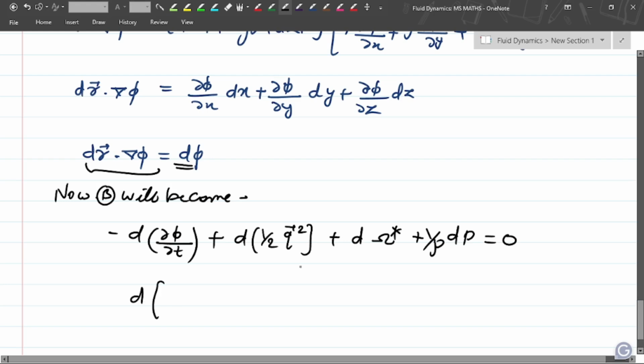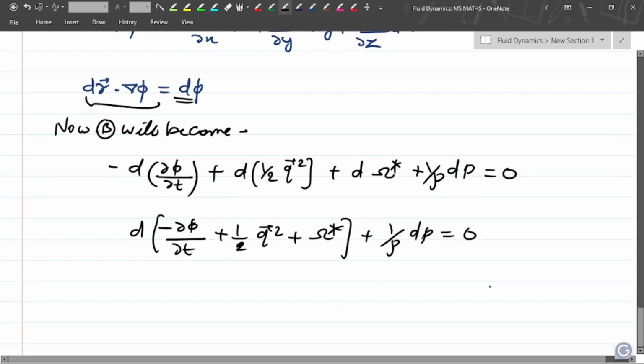So we can write all the terms in derivative form: d of dou phi by dou t plus 1 by 2 q square, plus omega star plus 1 upon rho dp is equal to 0.